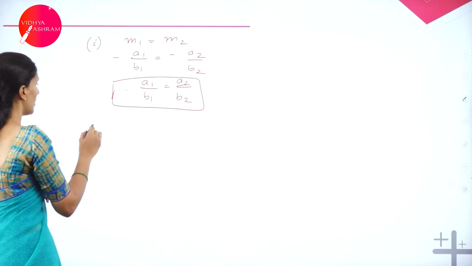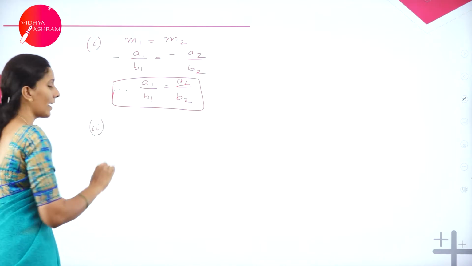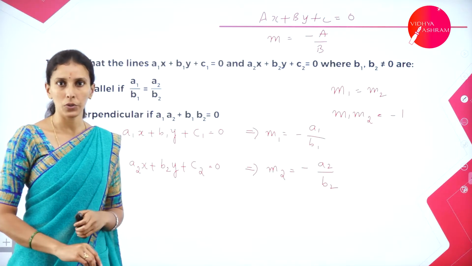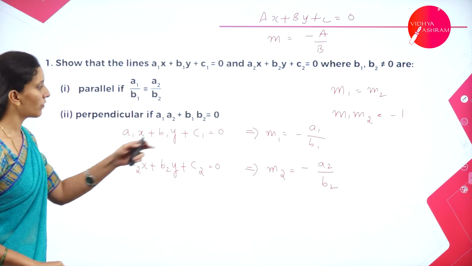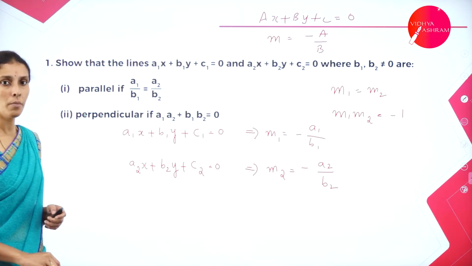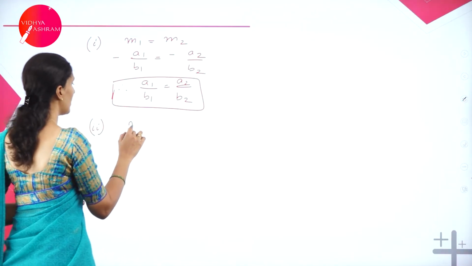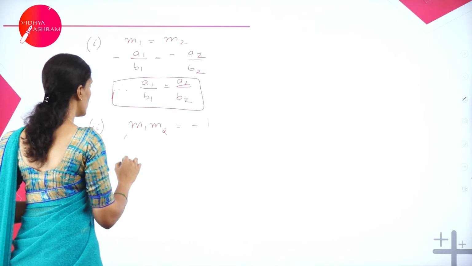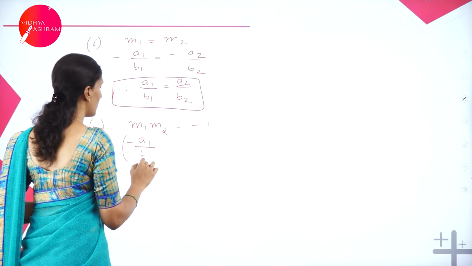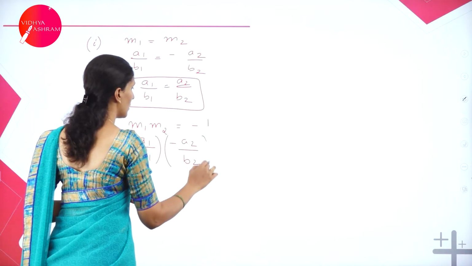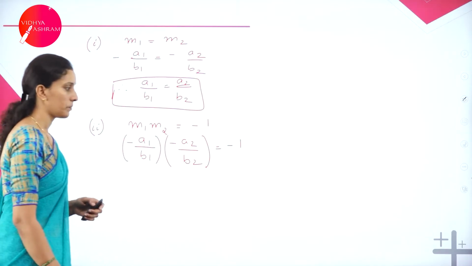My second condition is that I have to show that they are perpendicular if a1 a2 plus b1 b2 is equal to 0. So what is the condition for perpendicular? m1 into m2 is equal to minus 1. So let me see that m1 m2 is equal to minus 1. So this is minus a1 by b1 into minus a2 by b2 is equal to minus 1.